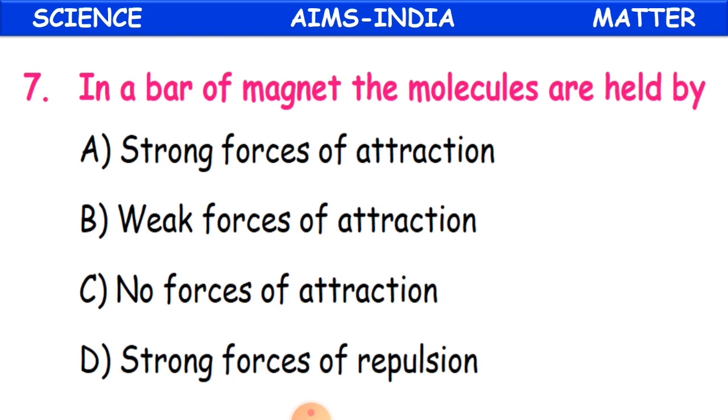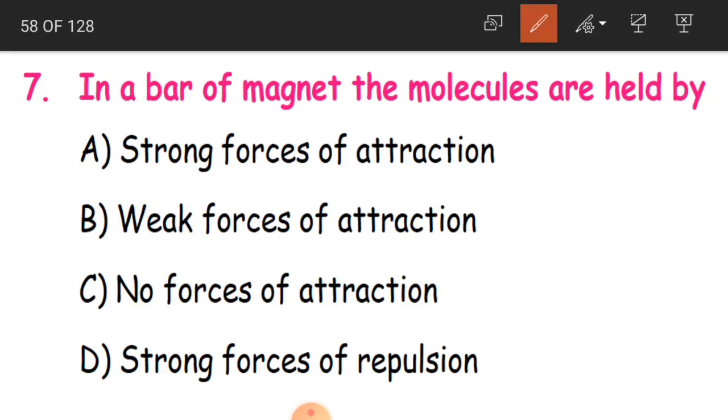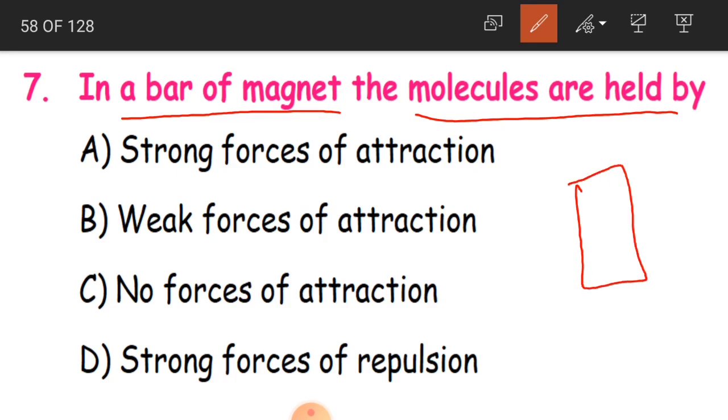The seventh question, children. In a bar of magnet, the molecules are held by. So we have learnt that every matter has got atoms and molecules. If you have a bar of magnet, the molecules are held by what?